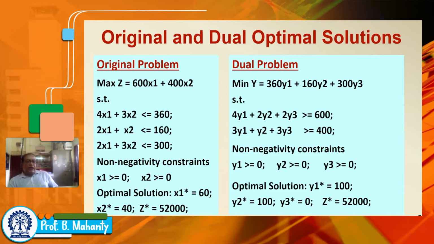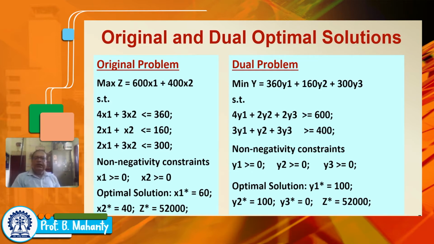But those two values are equal. Is it not? In the primal problem, which is maximization, the value is 52,000. And in the dual problem minimization, the optimum solution is again the same 52,000. Both are equal. But in the original problem, it is the highest possible value, and in the dual problem, it is the lowest possible value.